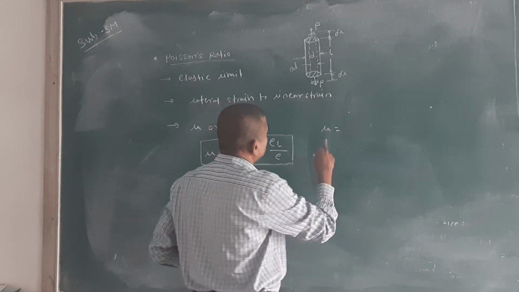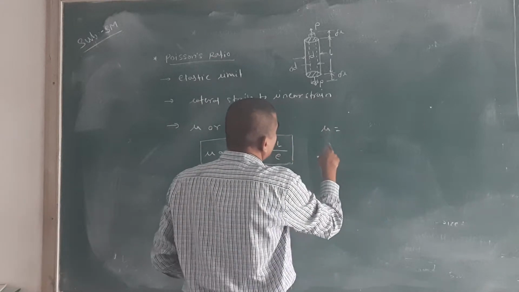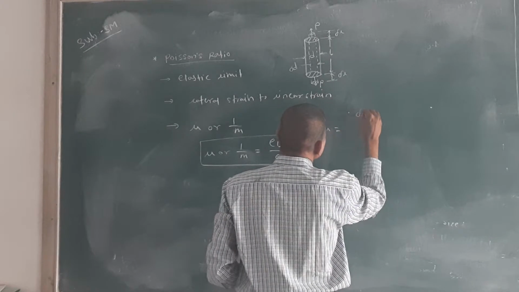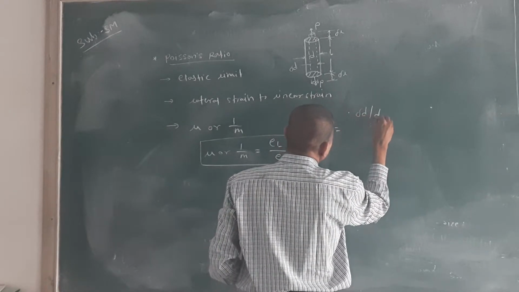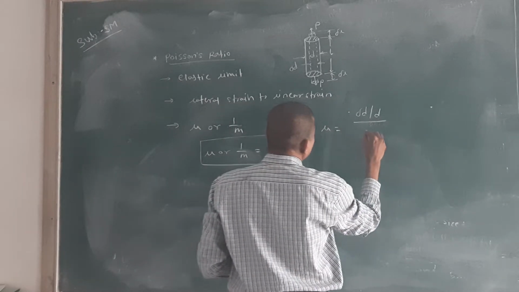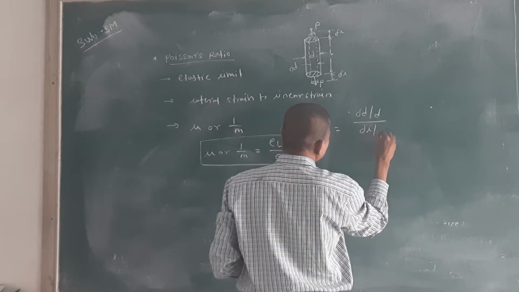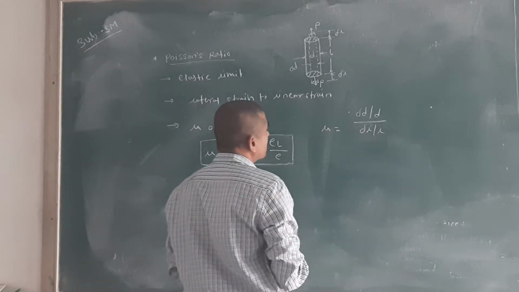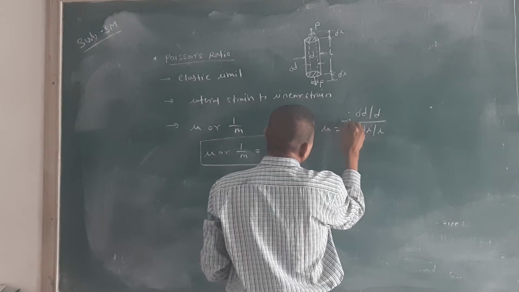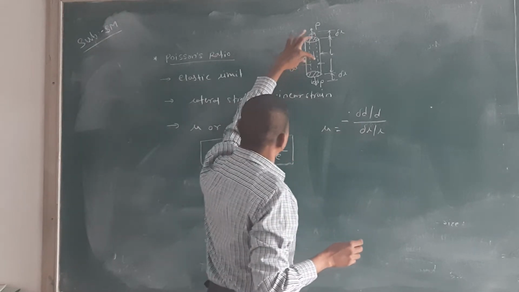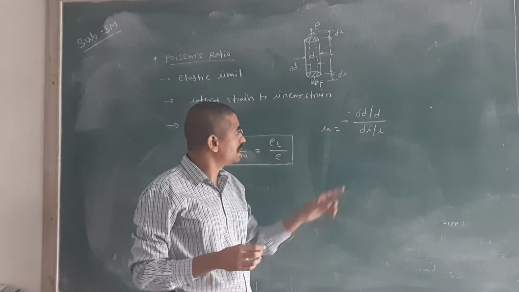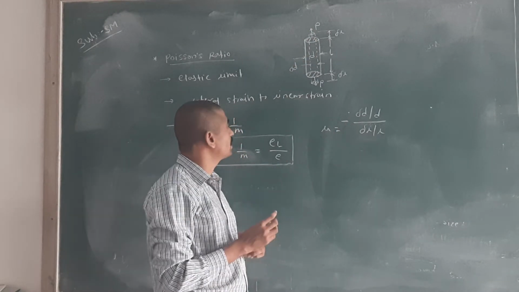Then mu is equal to lateral dimension, the change in diameter divided by the original diameter, divided by linear dimension, delta L divided by L. And this will be negative because the lateral dimension will be compressed. That's why we are using the negative symbol.